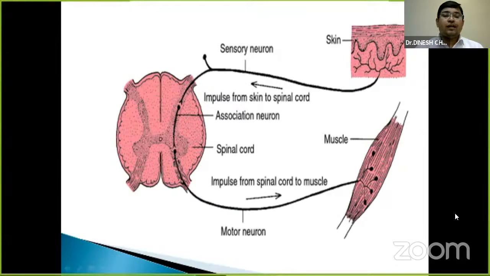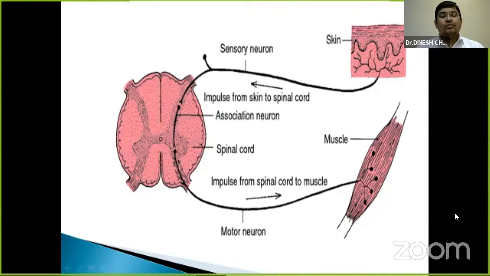Then the afferent goes to the center with the sensory neuron, with type 1A, 1B afferents. Then there is interconnection with the association neuron at the center, the spinal cord level. Then it goes with the motor neuron, that is alpha and gamma, to the muscle, and then we see the response. This is nothing but the reflex arc.